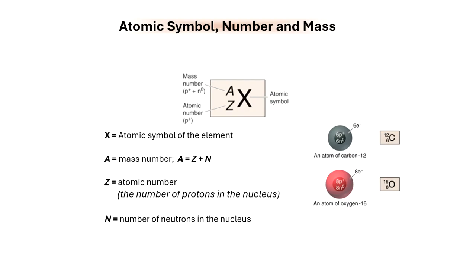And any atom that we have ever seen in the universe that has 6 protons is a carbon atom. There is no variation to this law. So the number of protons defines the element.